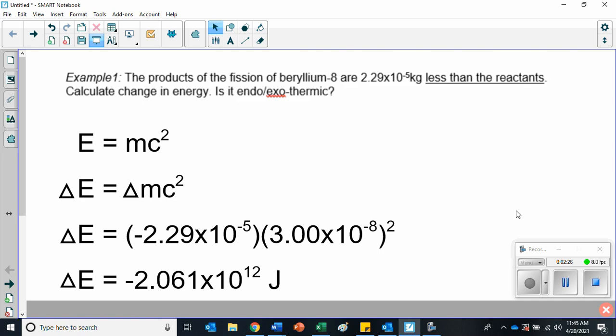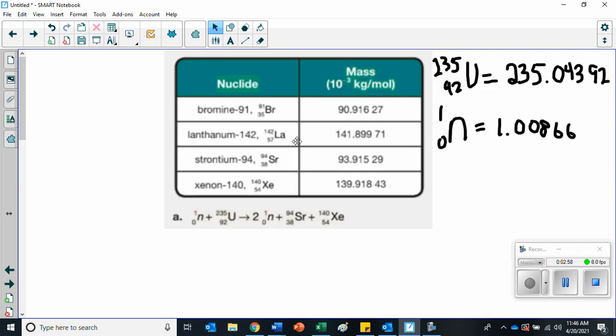If we remember from Hess's law, anytime that we have negative energy or a negative number, this means it is an exothermic reaction. We could also just think, why do we do nuclear reactions? Well, that's because we want to release that energy, capture it as heat, and use it to create energy for us.